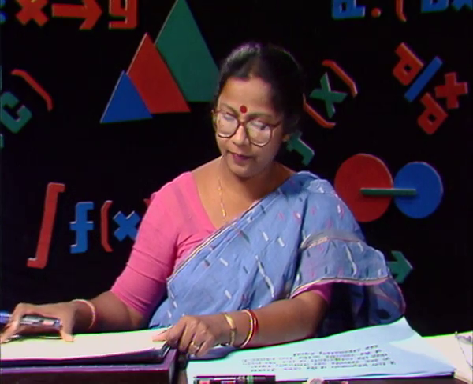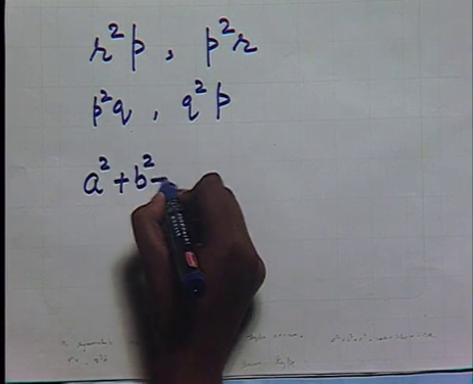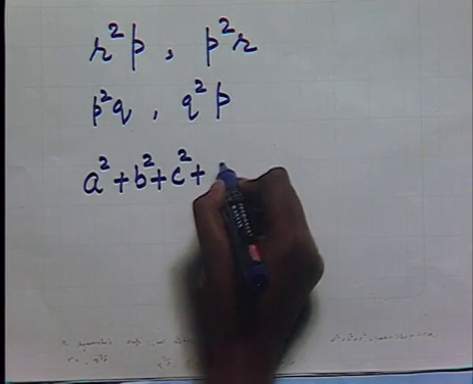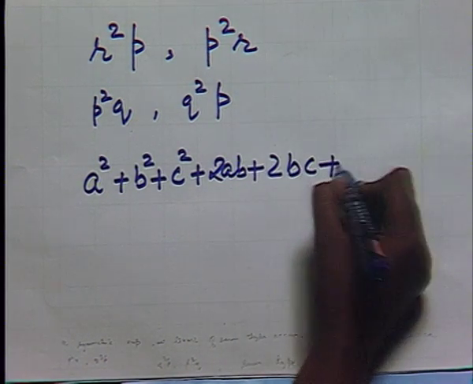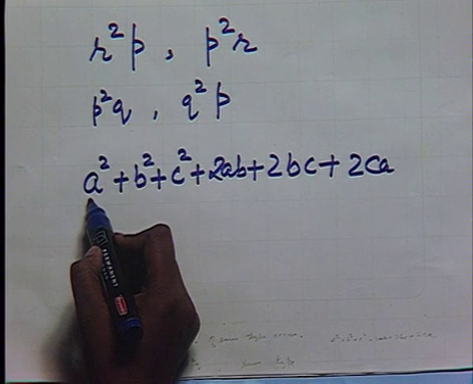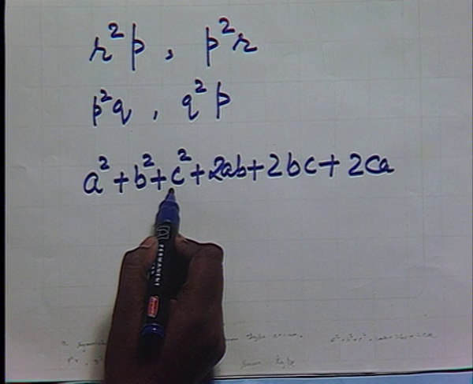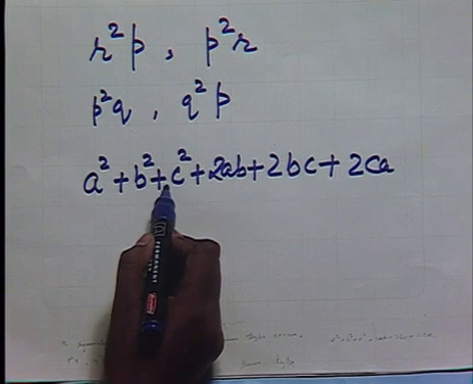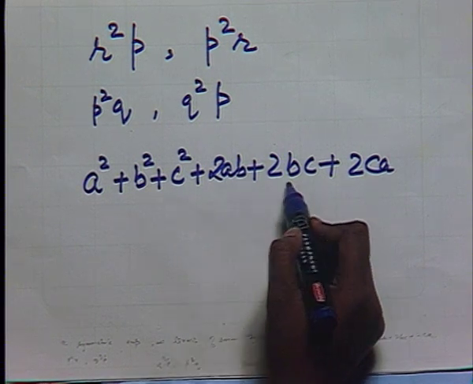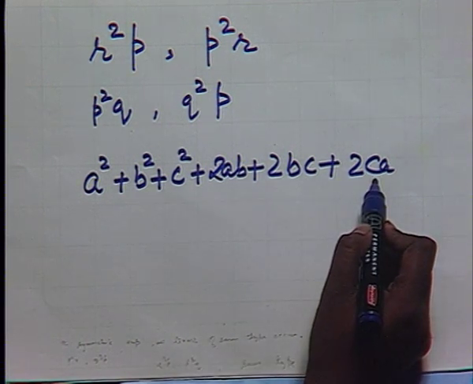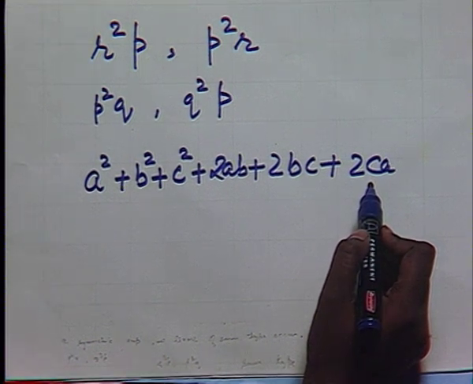For example, in the expression a square plus b square plus c square plus 2ab plus 2bc plus 2ca, a square, b square and c square are terms of the same type and the coefficients are also equal, that is 1, and the terms 2ab, 2bc and 2ca are again terms of the same type.